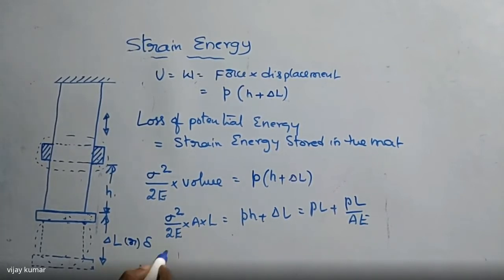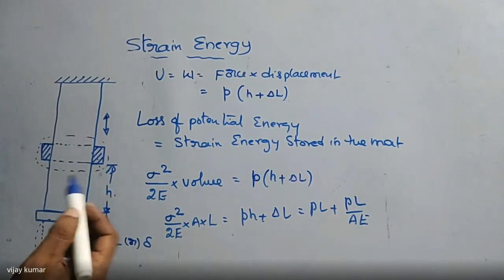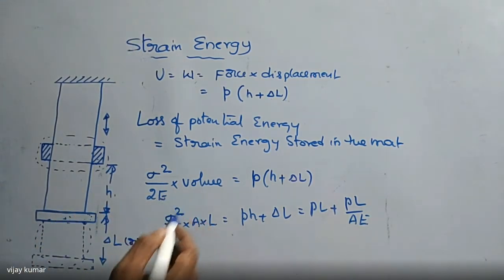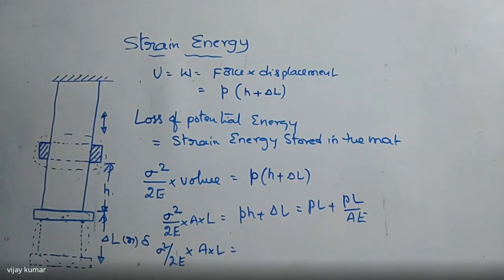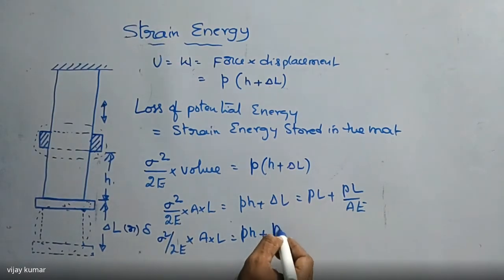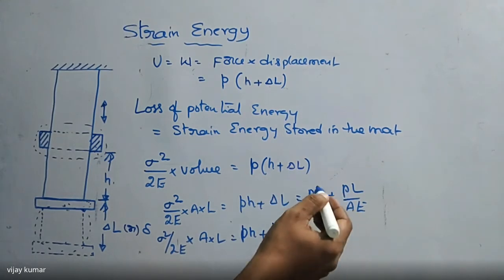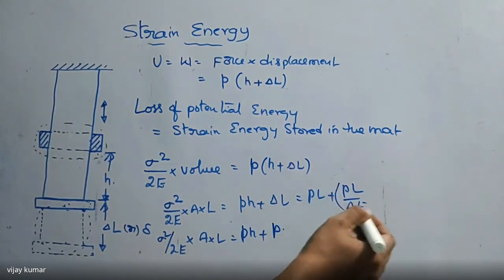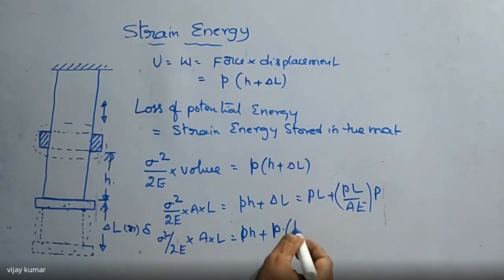Then I'm writing here sigma square by 2E into area into length is equal to P into H plus P into PL by AE.